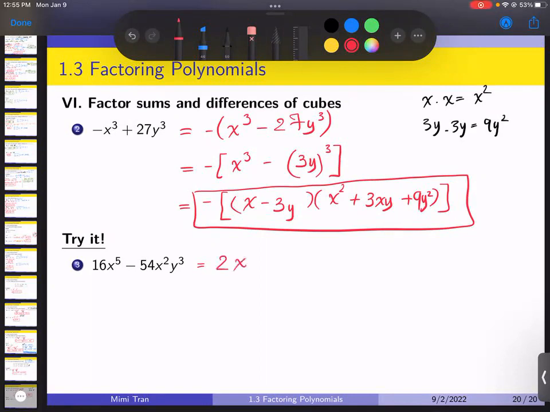And then the x will be x squared. And what's left is 8x cubed minus 54 divided by 2, which is 27y cubed. All right, you gotta do it from there. Should be easy enough. But just don't forget to bring down the 2x squared at the end.